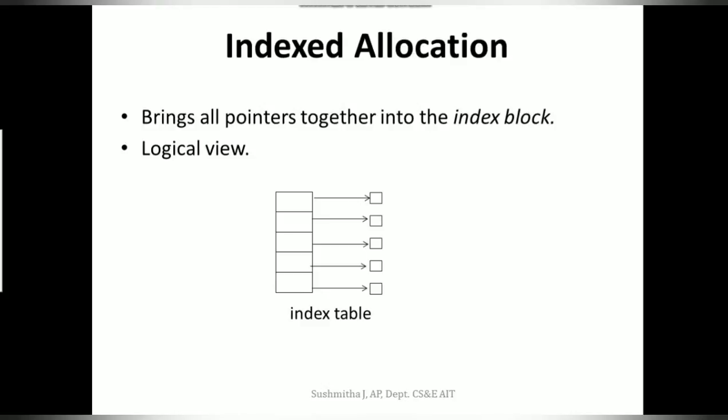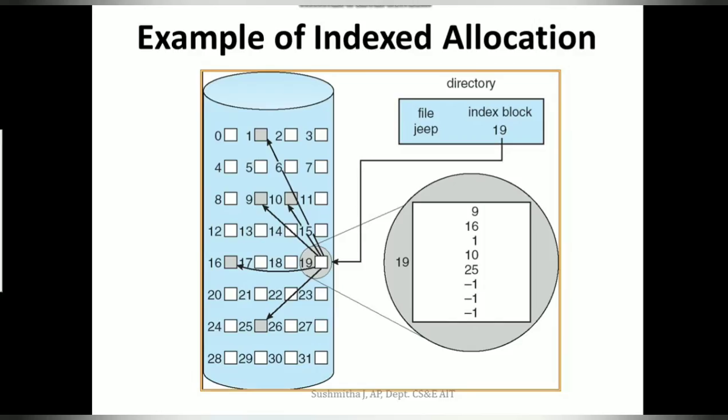Each file that is created would have its own index block, which would be an array of disk block addresses. The ith entry in the index block points to the ith block of the file. The directory contains the address of the index block only. And if we want to find and read the ith block, we use the pointer in the ith index block entry.